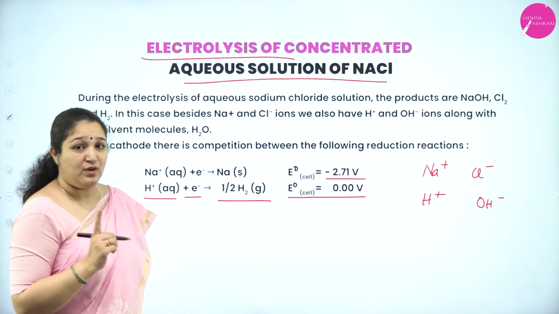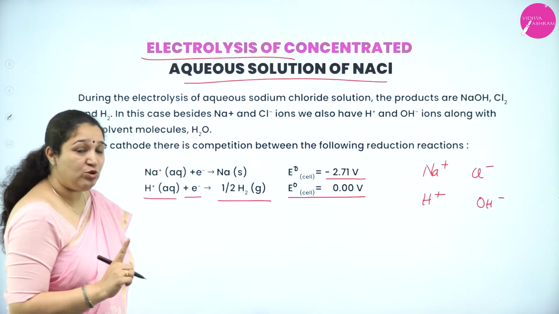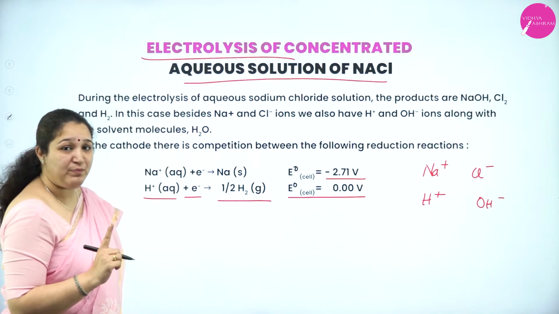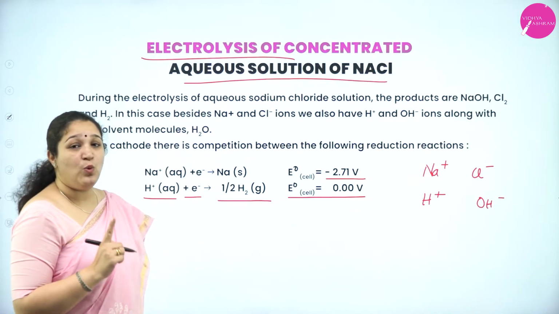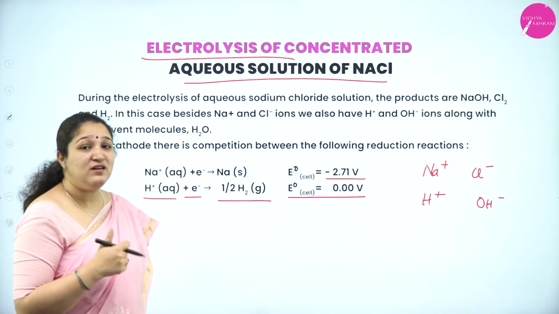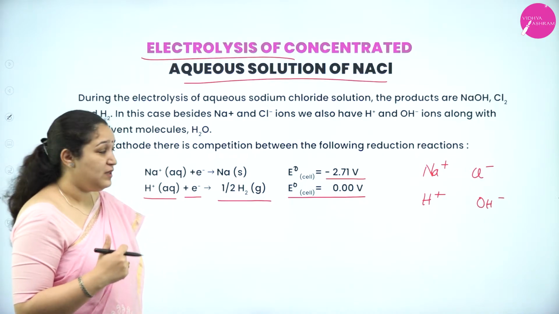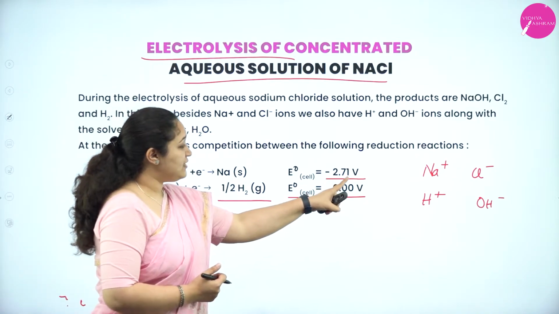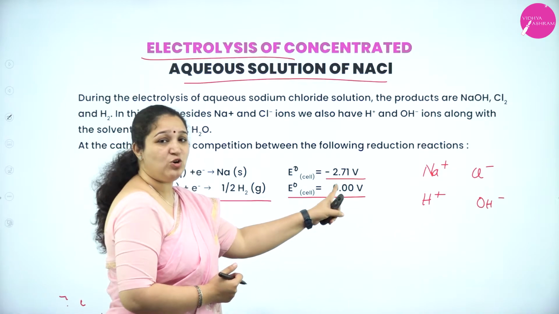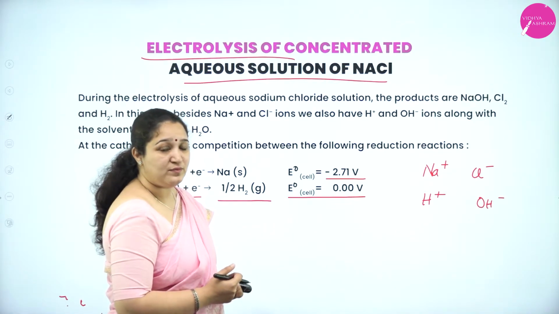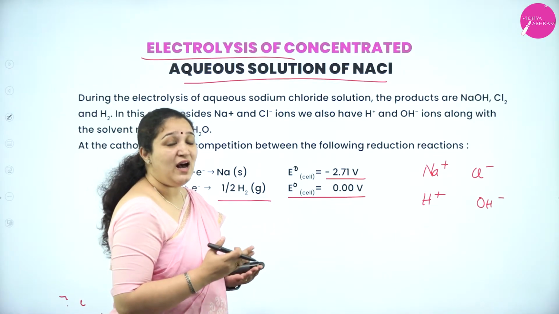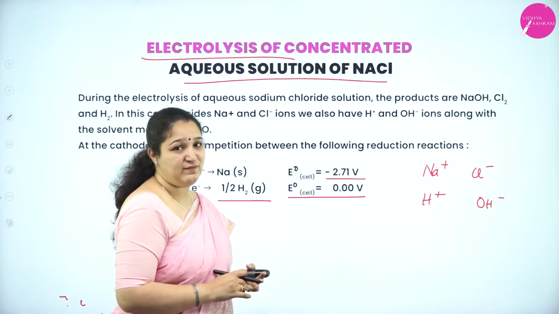I told you already, at cathode, which reaction will be preferred? The one which has the higher reduction potential. So, is minus 2.71 volt higher or 0.0 volt higher? Of course, 0.0 is higher than minus 2.71.